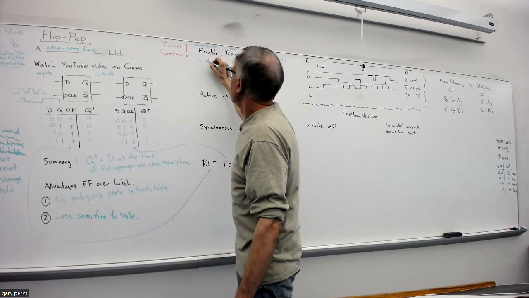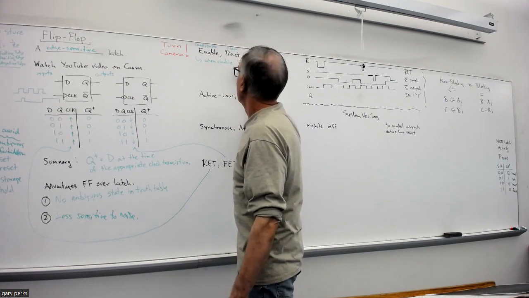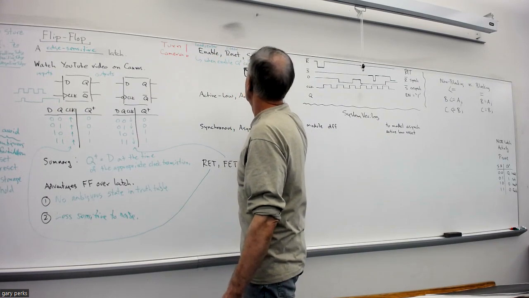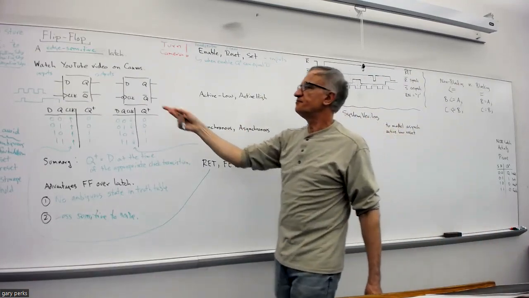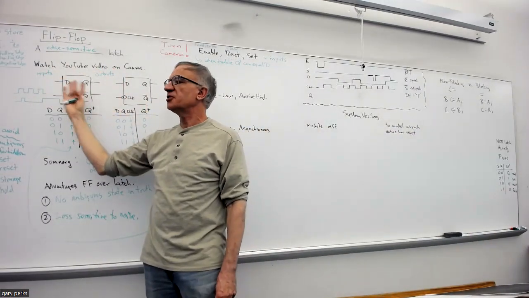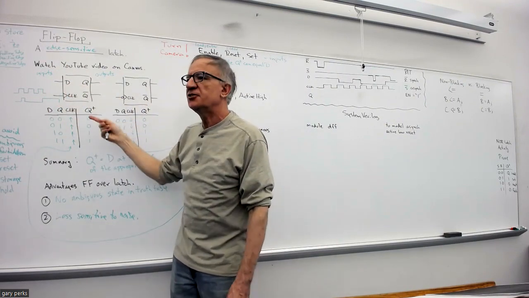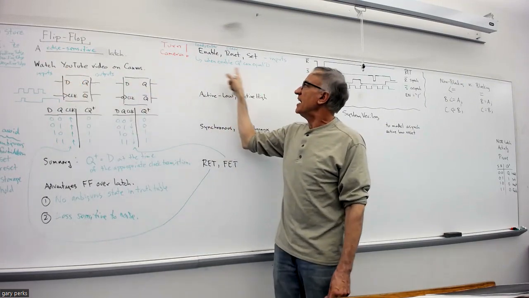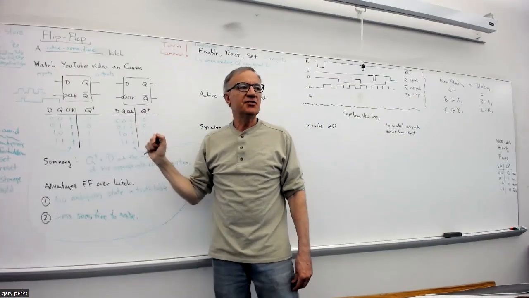When enabled, Q next data Q can equal B. So this is sort of like an addition to what we were talking about here, that in order to get either one of these truth tables, if you have an enable input, that enable input has to be activated in order for you to get these truth tables.